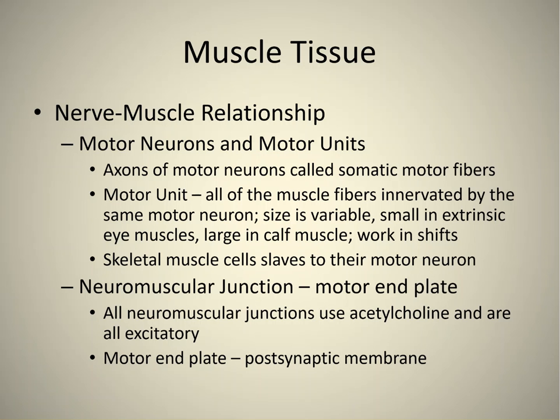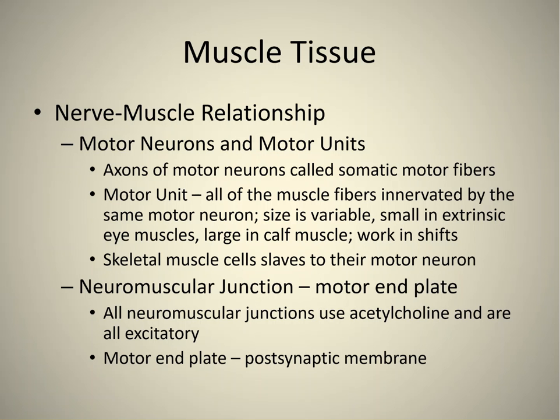We've already actually talked about this. We talked about the motor homunculus in the precentral gyrus, how the motor units are very small in small muscles that control your fingers, your face, eye muscles, and very large in back muscles.